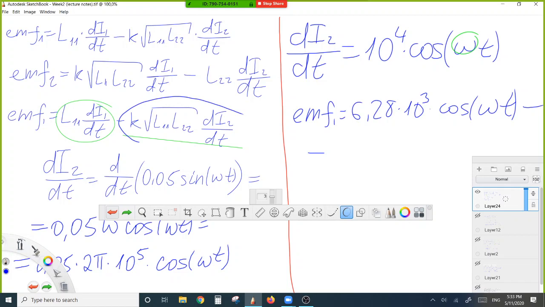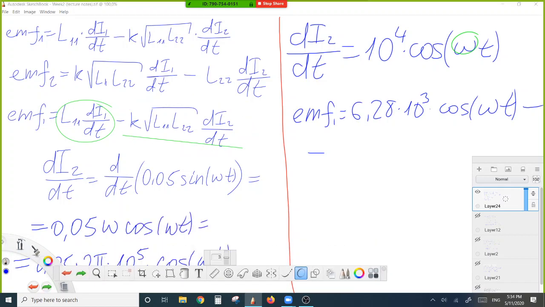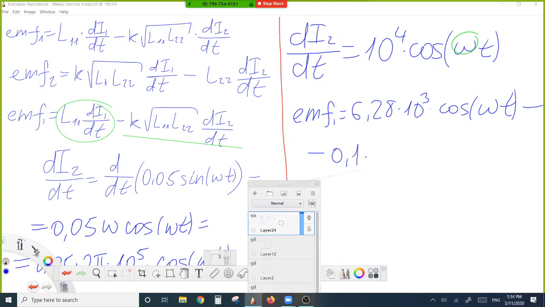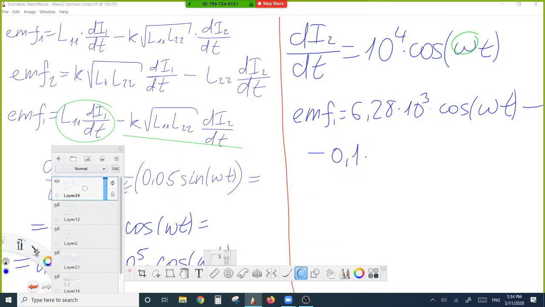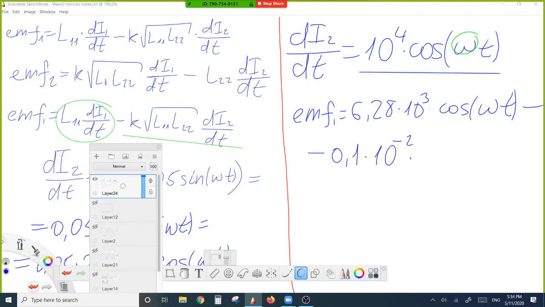Now the second term. k is equal to 0.1 multiplied by square root of L11 and L22, which is equal to 10 to the minus 2, multiplied by di2 over dt, which is equal to 10 to the power 4 cosine omega t.